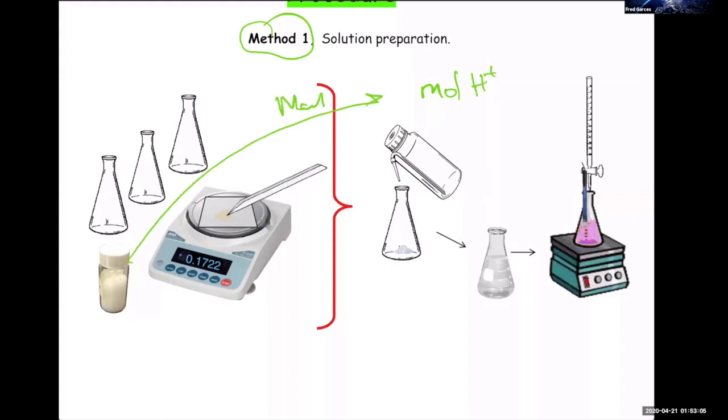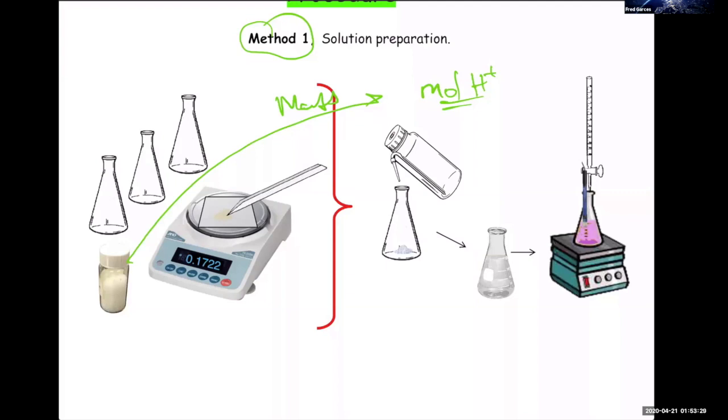The mass of that acid determines the moles of that acid that you have. The amount of water you add does nothing to the moles of the acid. All you're adding is H2O. Yes, the concentration changes, but remember, it's the moles of the acid that is critical. Adding water does not change the moles of the acid.